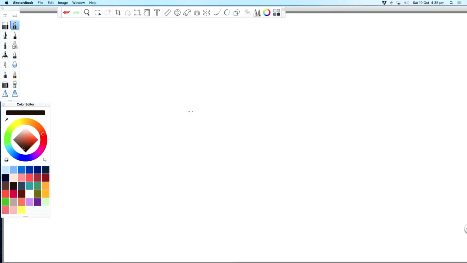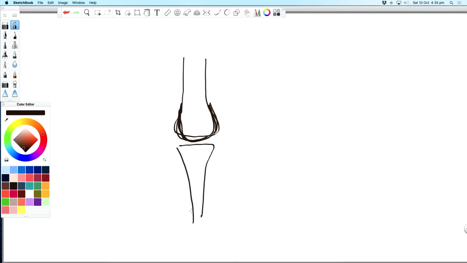A great example is if you injure your anterior cruciate ligament in the knee. If you picture the knee from the side view, there's a femur bone, and I'm going to draw a super simplified version here. There's a femur bone which looks like a big marrow bone. Then you've got a tibia, which is the shin bone. And in between the tibia and the femur, running from the back of the femur to the front of the tibia, is a ligament inside the knee called the anterior cruciate ligament, or the ACL.